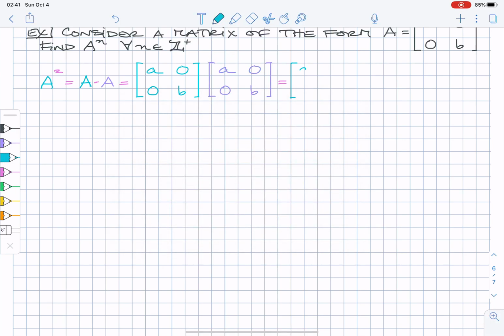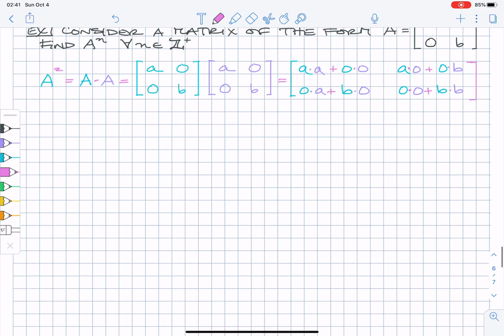Okay, so it's going to be A, 0 times A, 0 plus 0, B times 0, B. Then it's going to be A, 0 times 0, B. Then we're going to add to that 0, B times B. Okay, so what do we get?